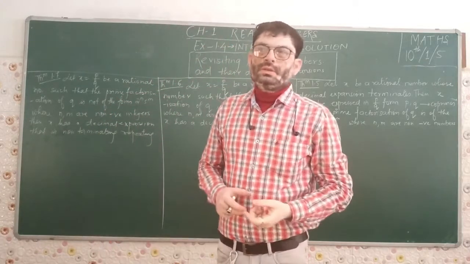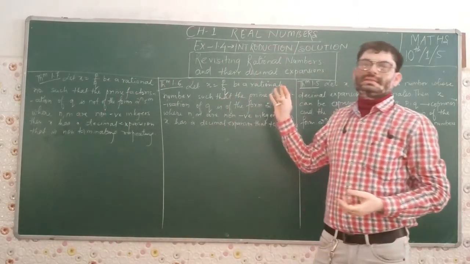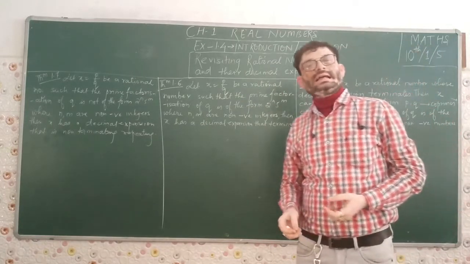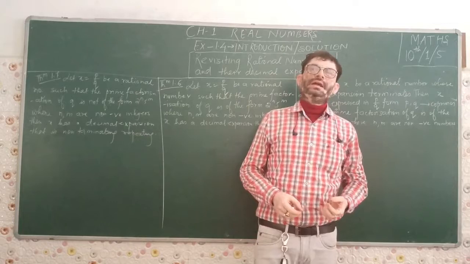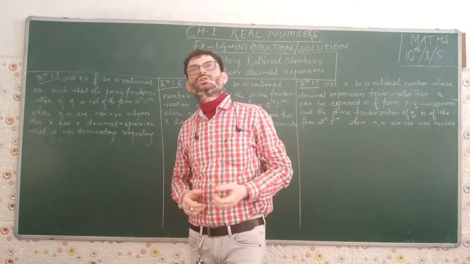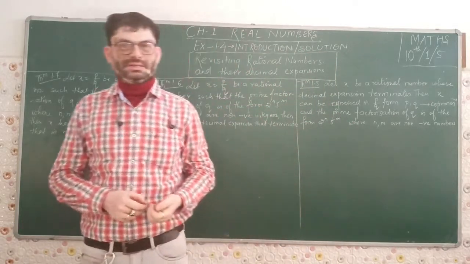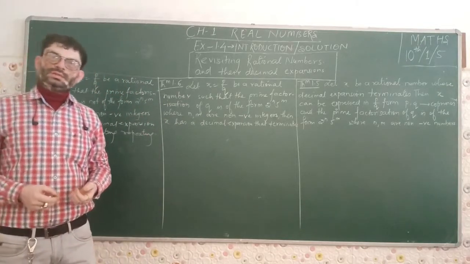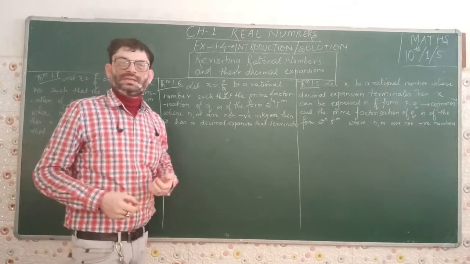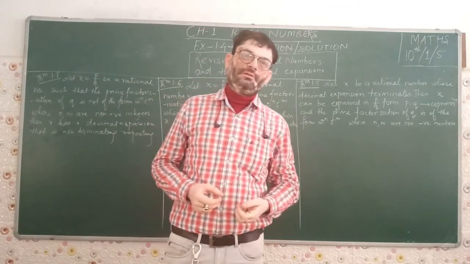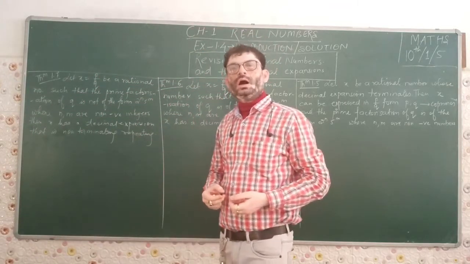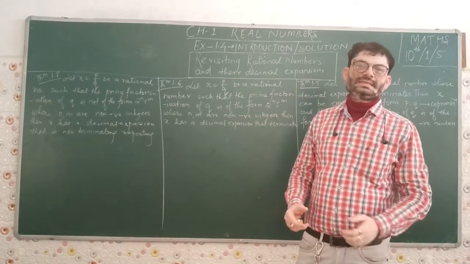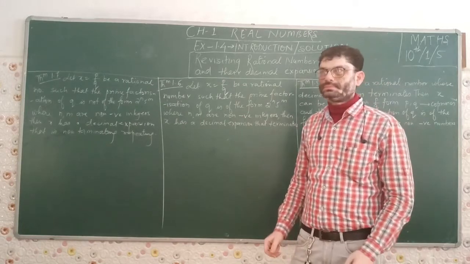Moving on to our present exercise, rational numbers. What are rational numbers? We had gone through various definitions regarding rational numbers in our previous classes. Let us revise it once again. Those numbers which can be expressed in p upon q form, where p and q are co-prime numbers and q is not equal to 0, were considered to be rational numbers.